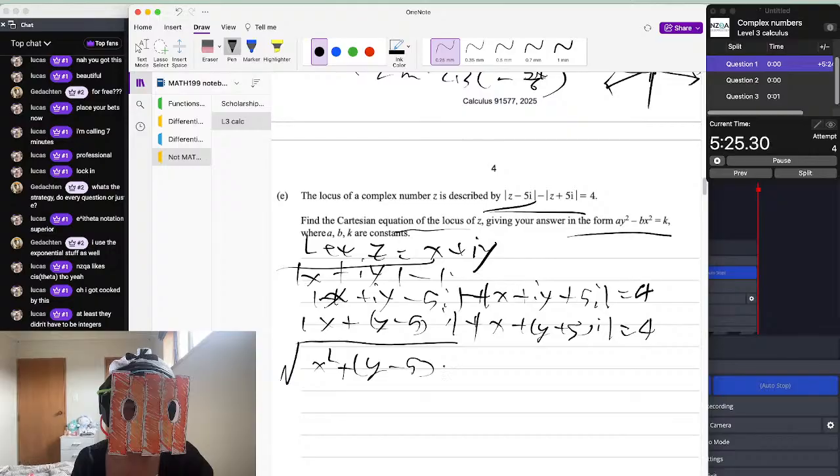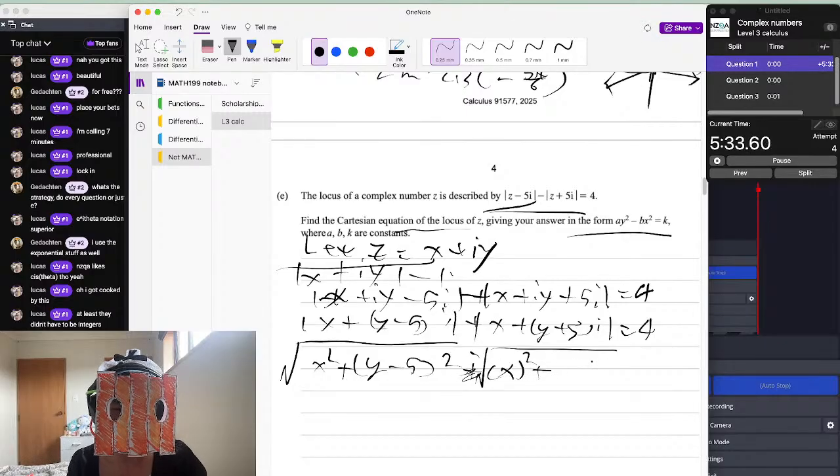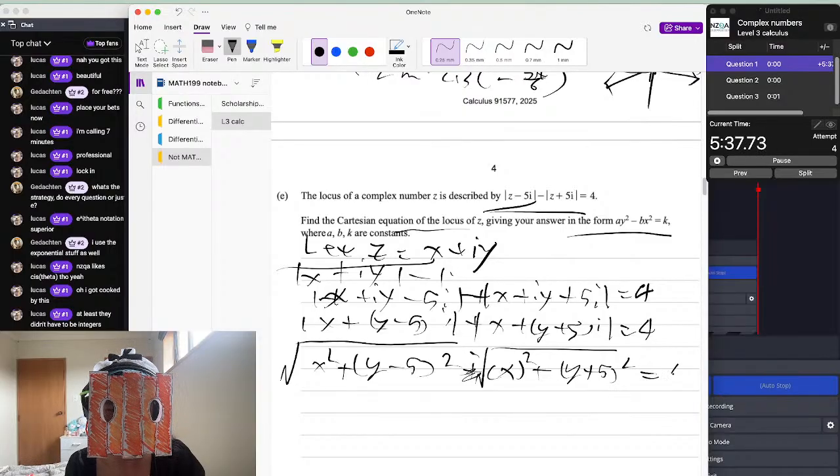That's going to be, don't forget about the minus sign. A minor error could cost you a lifetime.